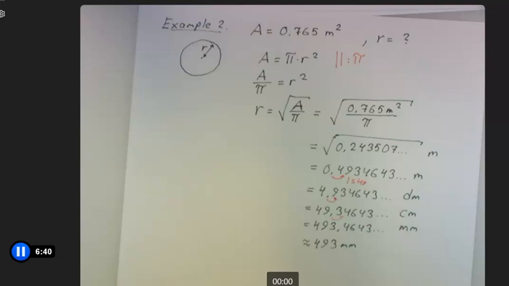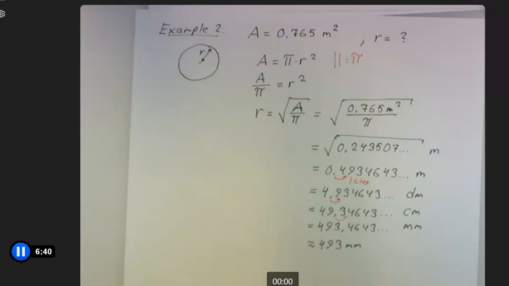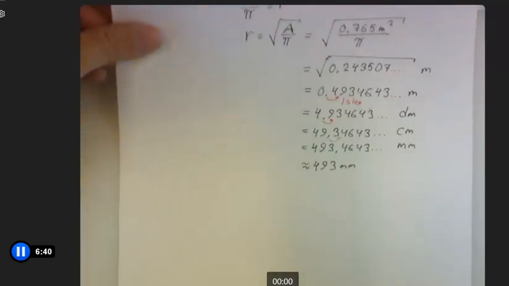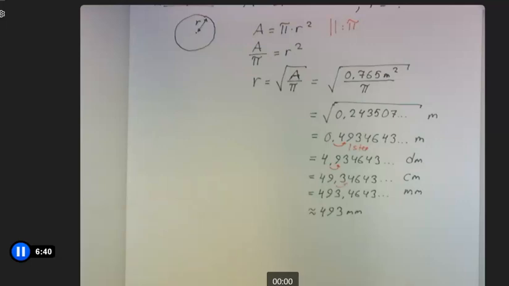So this rounding method, where we use the significant numbers of the starting values, mostly gives a reasonably exact answer, which is easy to remember and easy to read.